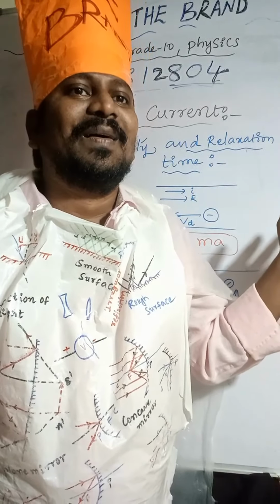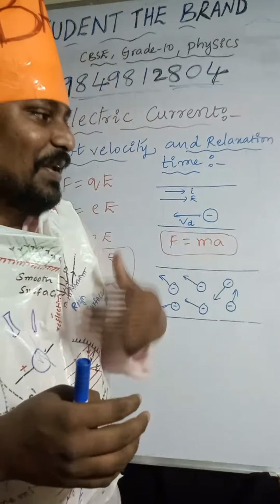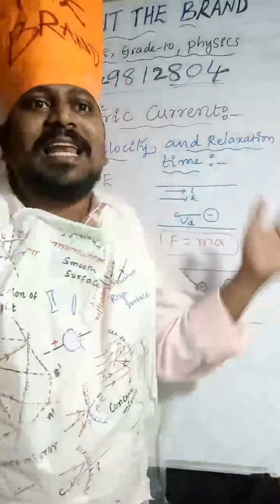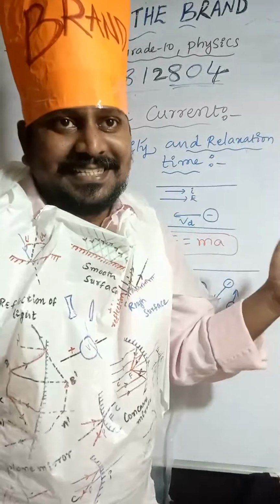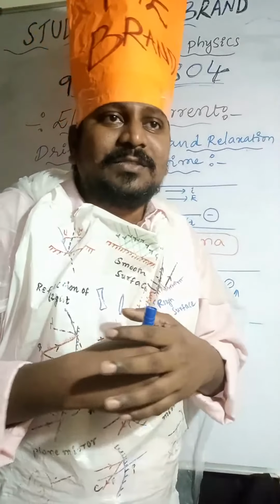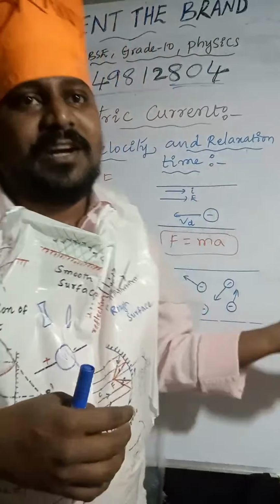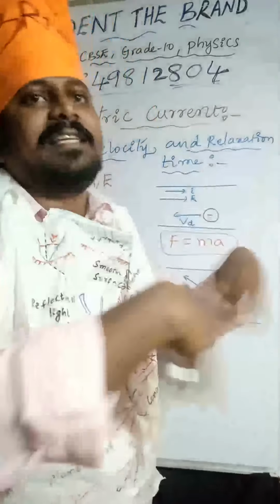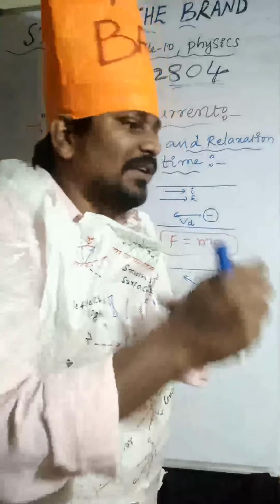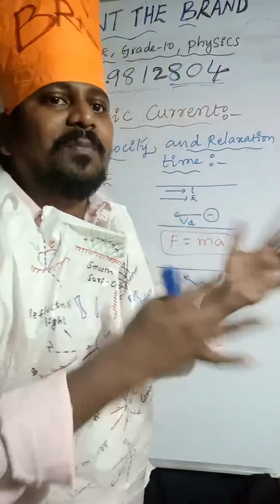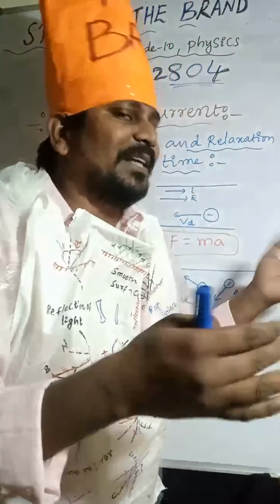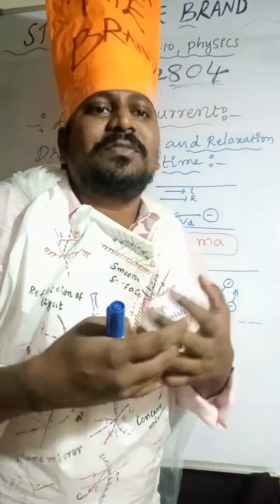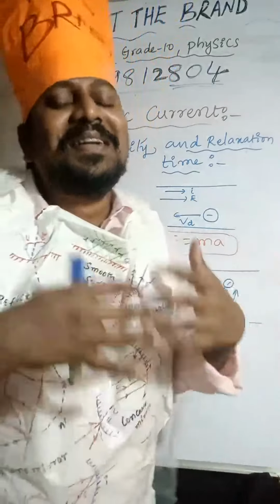When electrons keep moving and colliding with each other, the average velocity of an electron changes. That's why each electron has a different velocity. In the zigzag motion, one electron hits another, which hits another, and collisions keep taking place, so the velocity changes. The average velocity of an electron moving in a conductor is called drift velocity.